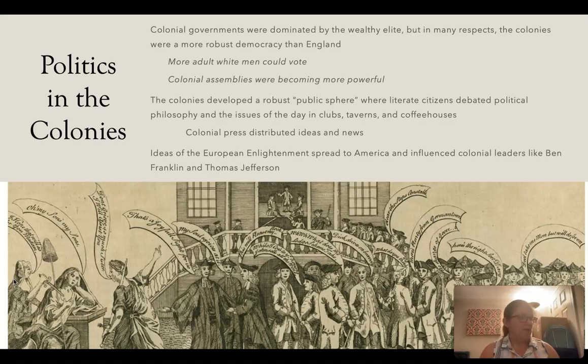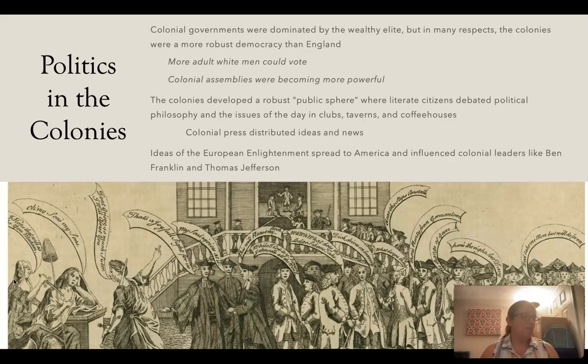In the first half of the 18th century, the British government is preoccupied with fighting all these wars against France and establishing its empire, and so it's not paying a lot of attention to what's going on in the colonies. It largely left the colonies to govern themselves. This resulted in colonial assemblies becoming more and more powerful. The leaders of these assemblies saw their role as almost similar to that of the British Parliament.